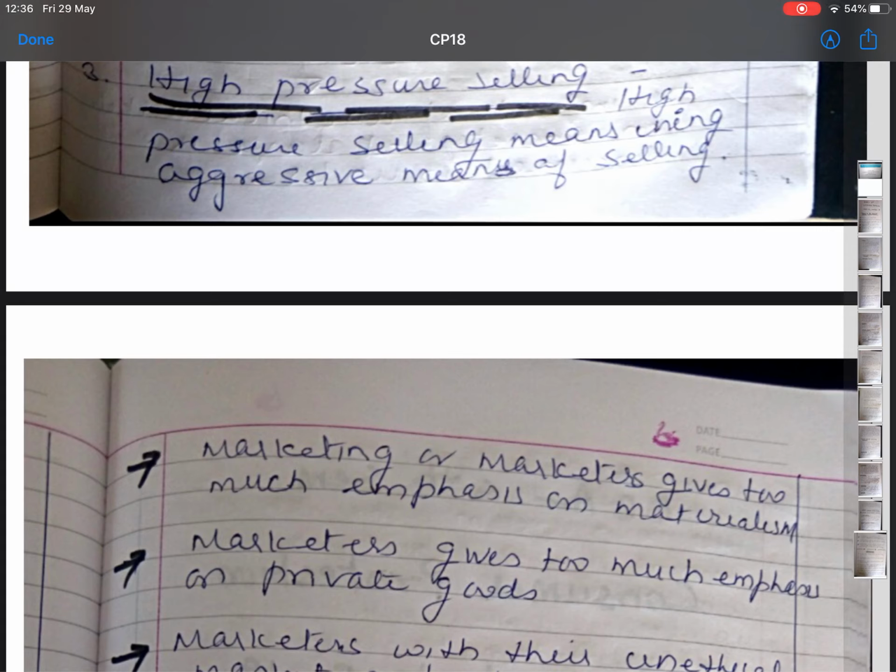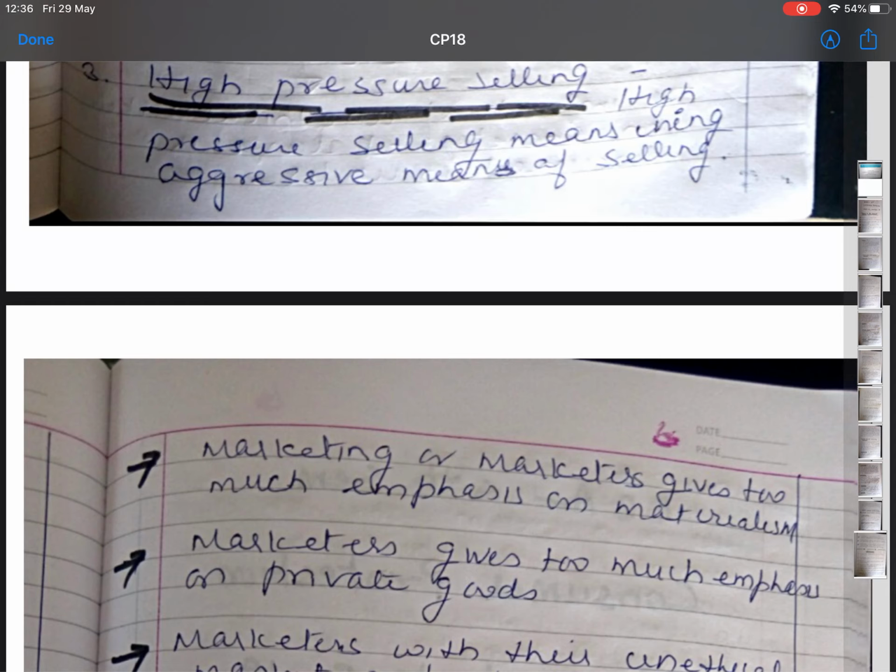They pressurize consumers to buy goods. So this is called high pressure selling. Maybe the customer doesn't want to buy those goods. Maybe the customer doesn't have the need of buying those goods. But because of their high pressure or aggressive selling, they have to buy these.